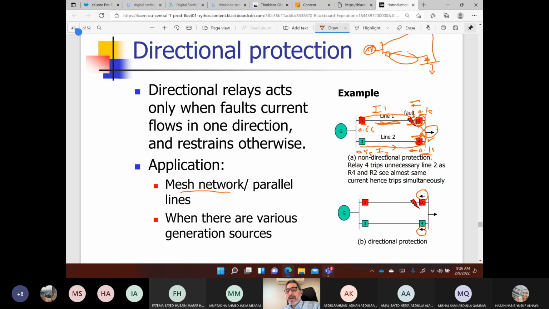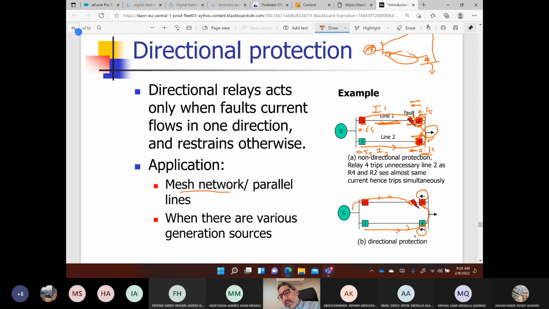This means the relay only operates if the fault is in this direction. In this case the current will go from this relay in this direction, and this current will go from this side in this direction.